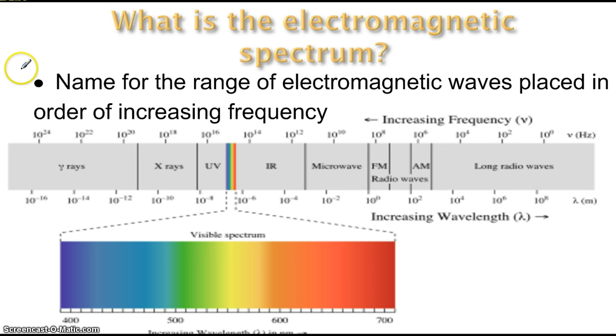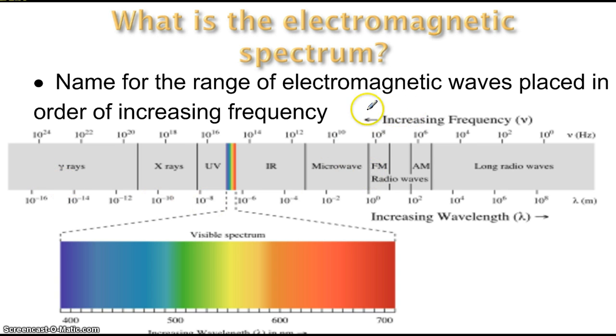What is the EM spectrum? The EM spectrum is a name for the range of electromagnetic waves placed in order of increasing frequency. Okay, so we have low frequency down here, and then higher frequency as we go up.